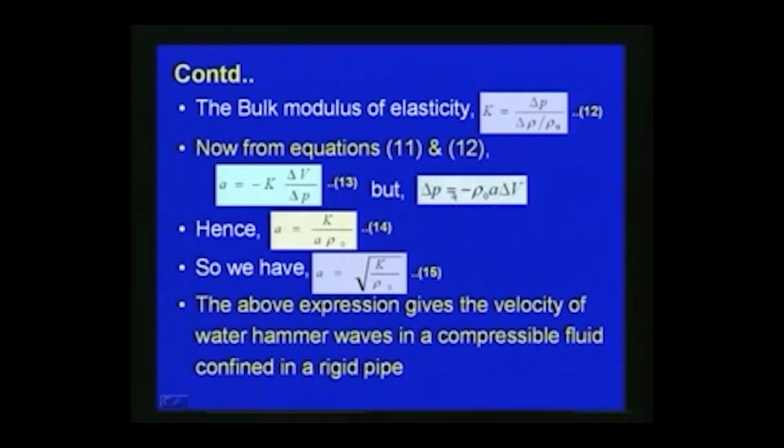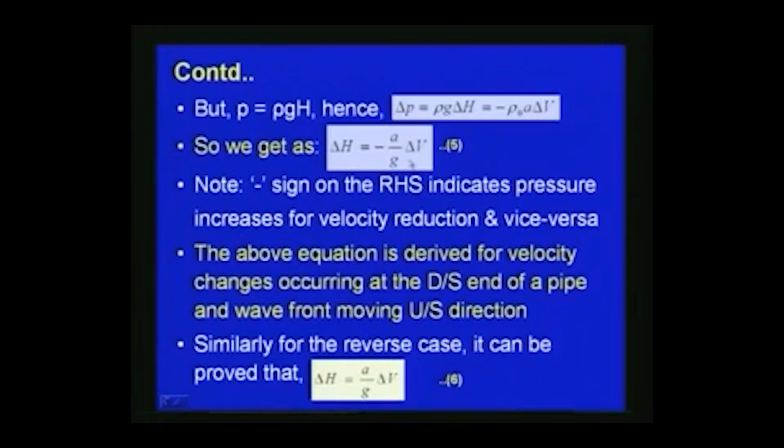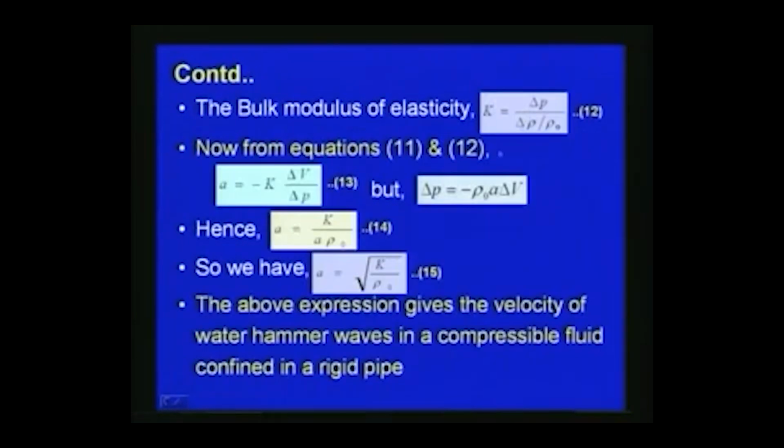We have already seen earlier that delta P is equal to minus rho 0 A into delta V. If we substitute back here, we get A is equal to K by A rho 0, or the water hammer velocity A is equal to square root of K by rho 0, as in equation number 15.